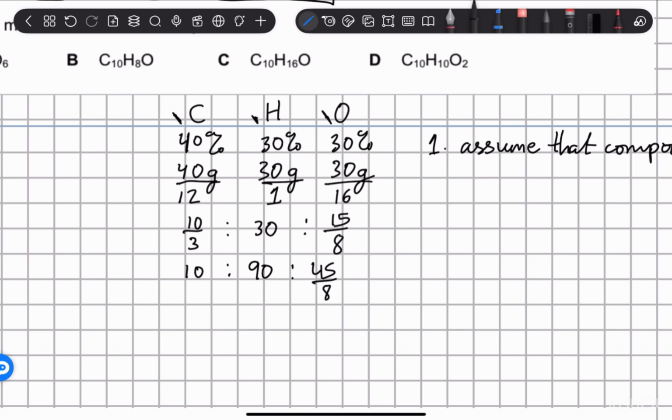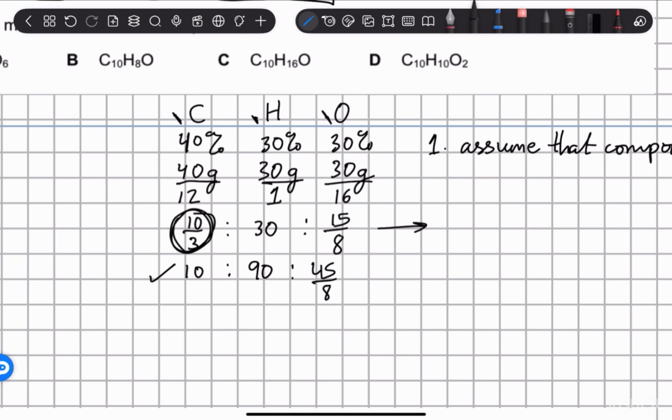You could also divide these three by the lowest number amongst them, and then work your way to the ratio. It's basically the same thing. I usually prefer to do it this way, but you can do it however you like. If we divide the ratio by the lowest number, the lowest number is 10 over 3.